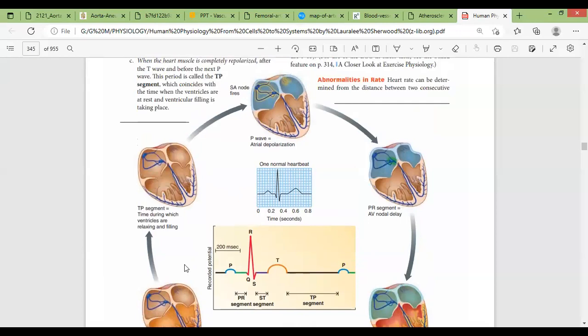Between T and P, the ventricles are relaxing after repolarization, and they are also filling up with blood.